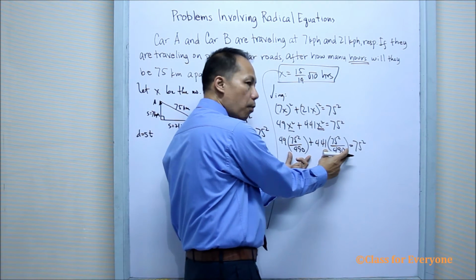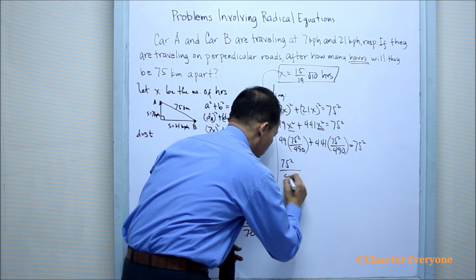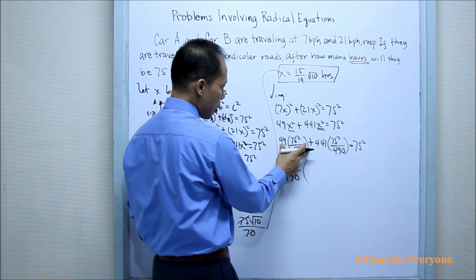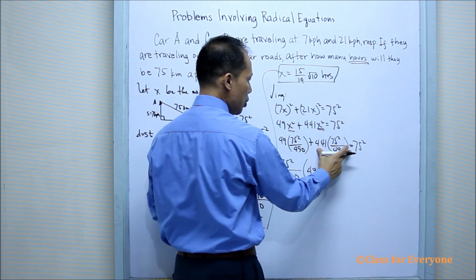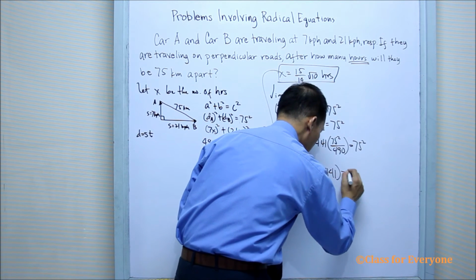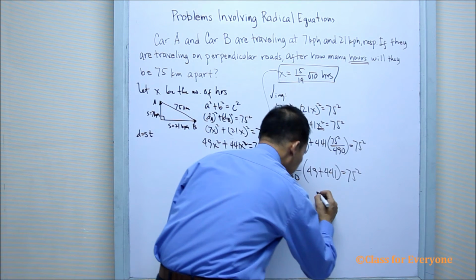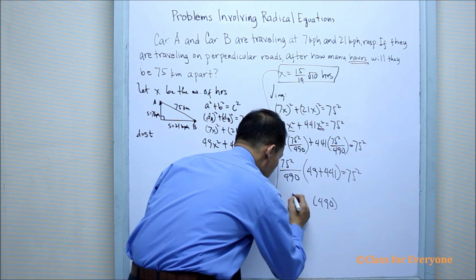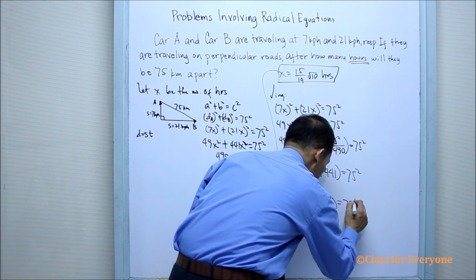The two terms have a common factor, so we can factor this: 75 squared over 490 times, this term divided by the common factor is 49, and this term divided by the common factor is 441, equals 75 squared. 49 plus 441 is 490, and it is to be multiplied by 75 squared over 490 equals 75 squared.